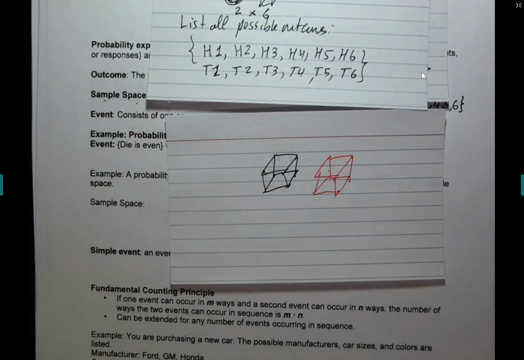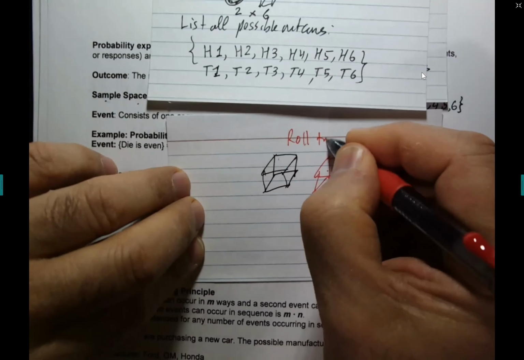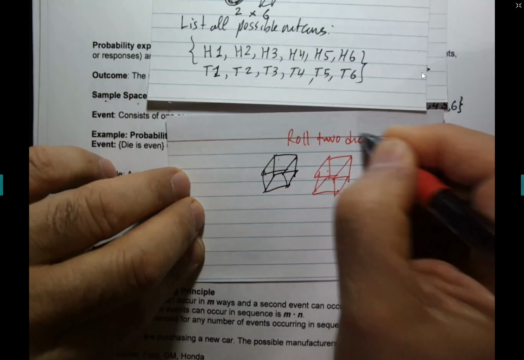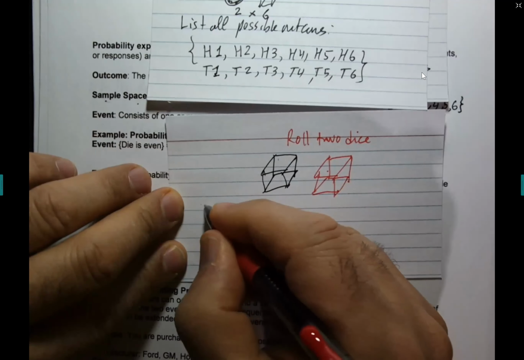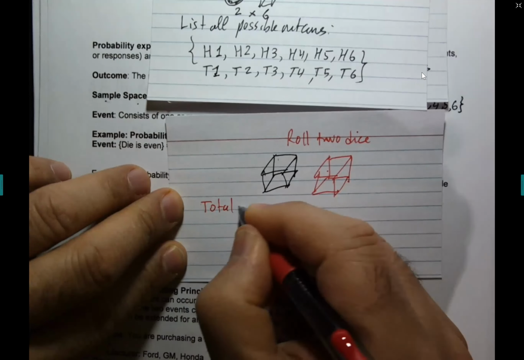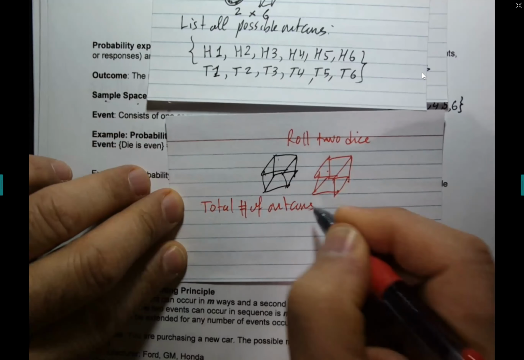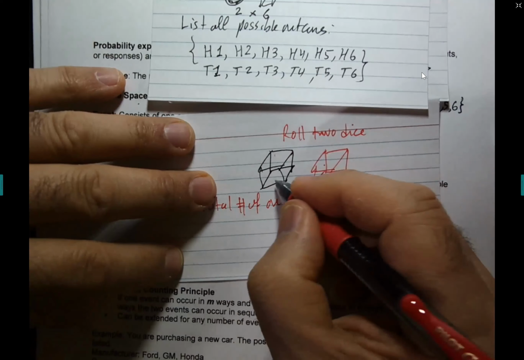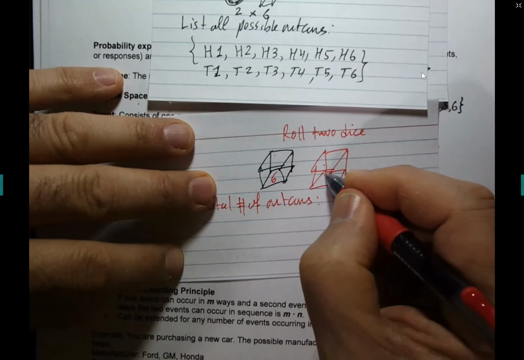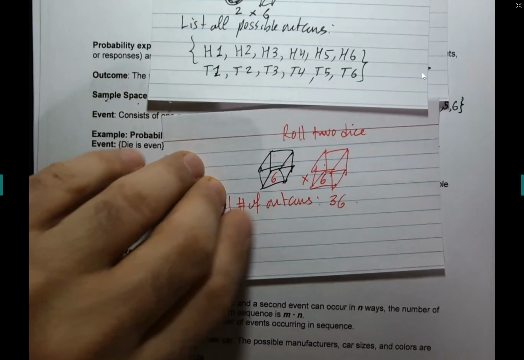If you roll 2 dice, guys, how many outcomes are there? Total number of outcomes. Who can tell me? 36 total. 36. I agree. Because the first die has a 6, and this one has a 6, and 6 times 6 is 36. That is correct. You don't have to list them.